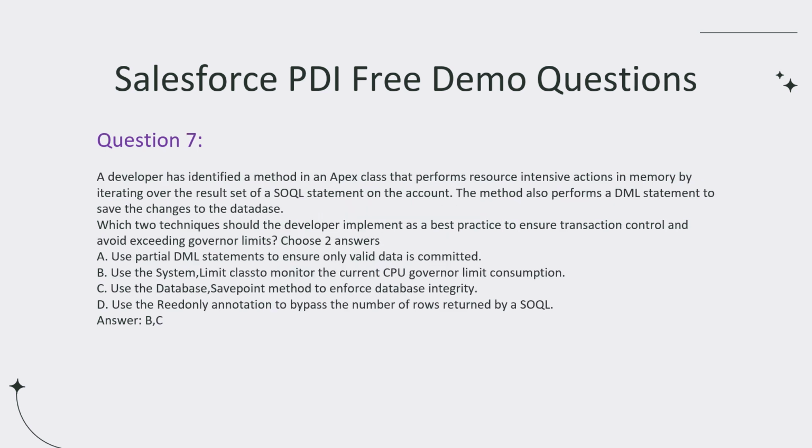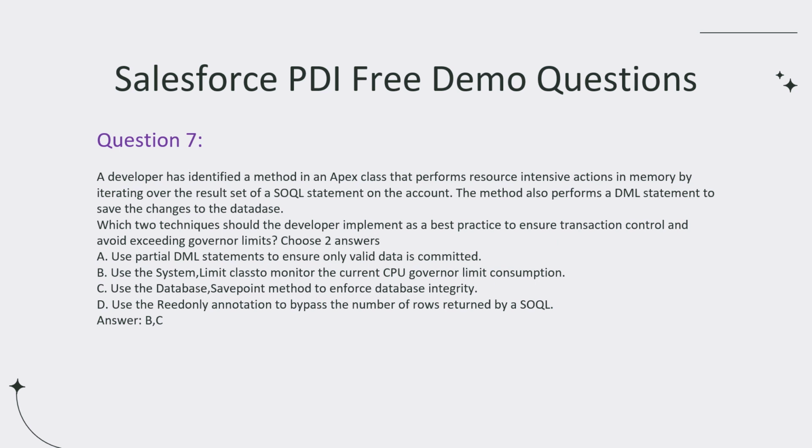7. A developer has identified a method in an Apex class that performs resource-intensive actions in memory by iterating over the result set of a SOQL statement on the account. The method also performs a DML statement to save the changes to the database. Which two techniques should the developer implement as a best practice to ensure transaction control and avoid exceeding governor limits? Choose 2 answers. A. Use partial DML statements to ensure only valid data is committed.